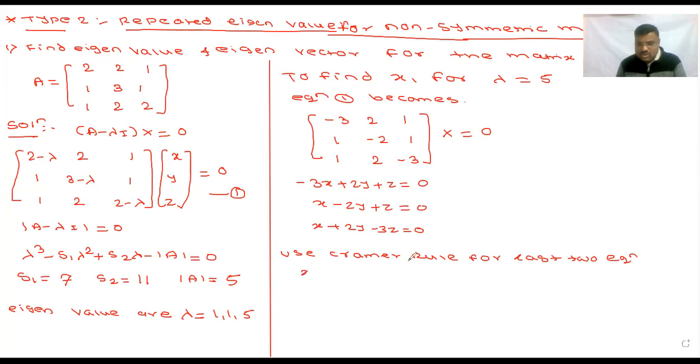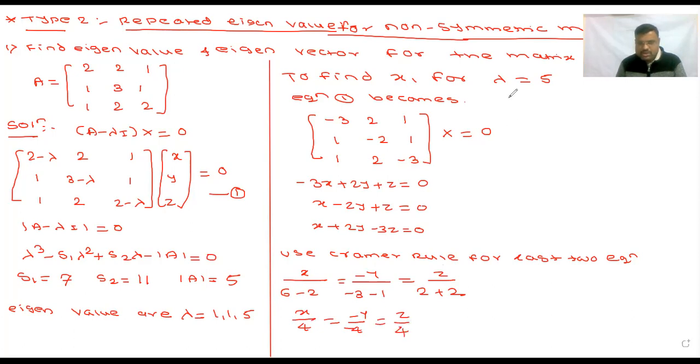So for the last two equations, see: x divided by 6 minus 2, minus y divided by minus 3 minus 1, z divided by 2 plus 2. So we got the value x divided by 4, minus y divided by minus 4, and z divided by 4.